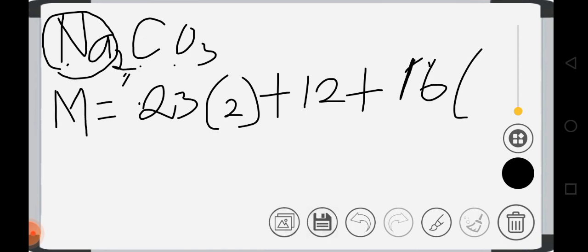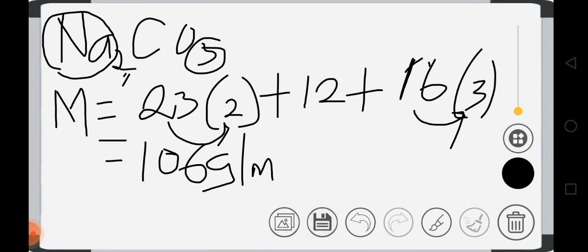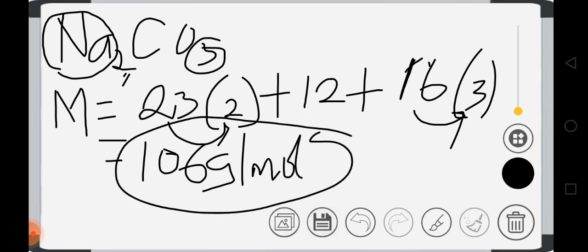Then we have 3 here, that 3 will still remain there. So we're going to do 23 times 2 plus 12 plus 16 times 3. That's going to give us 106 grams per mole. So this is the molar mass of this compound.